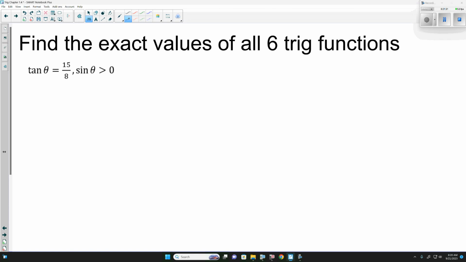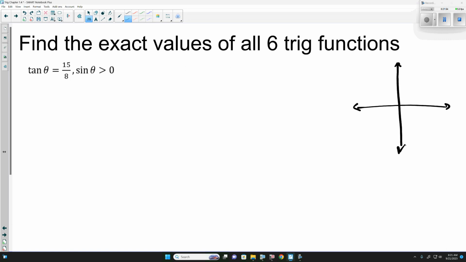All right. For the ones before, we didn't really need the coordinate point, but here we will. It's going to be definitely helpful to graph out which quadrant we're in. They told us the value of tangent.